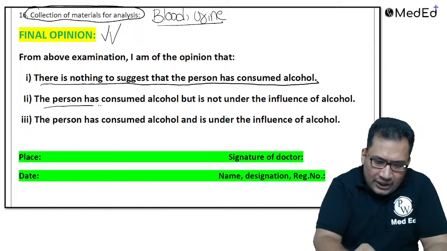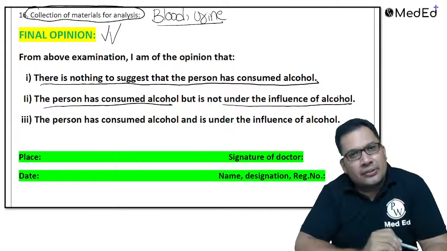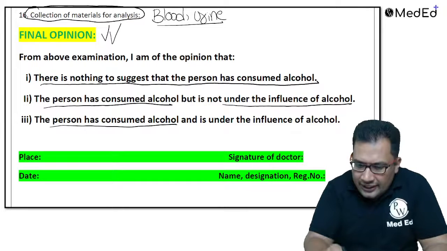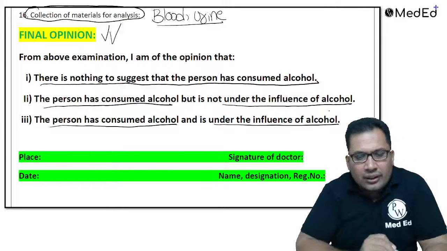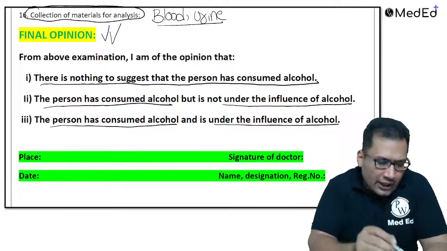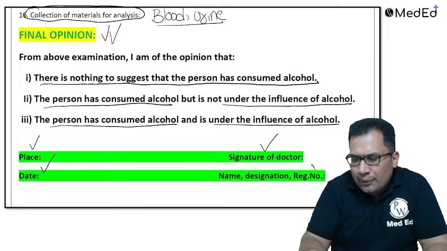Or, the person has consumed alcohol but is not under influence. Or, the person has consumed alcohol and is under the influence. Any one of these is the opinion. Finally, place, date, signature of doctor, name, designation.